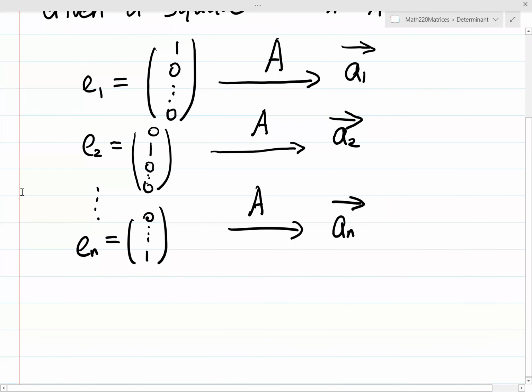The left side, E1, E2, En, are orthogonal. In dimension 2, the area of a square is 1 times 1, so we get 1. In dimension 3, a box with side length 1 has volume 1 times 1 times 1, so we get 1. So the left side E1 through En correspond to the unit n-dimensional cube, or box.